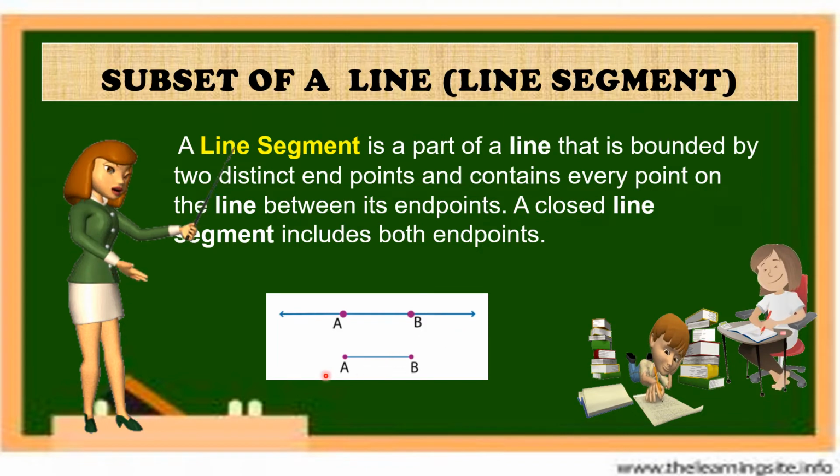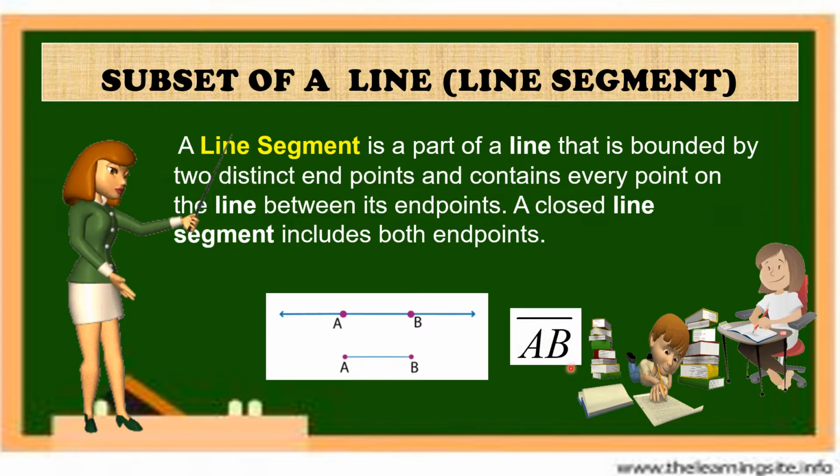Where is line segment AB? Line segment AB is in the figure below. It includes the endpoint, point A, and another endpoint, point B, and all the points between A and B. So, this is the representation of line segment AB.